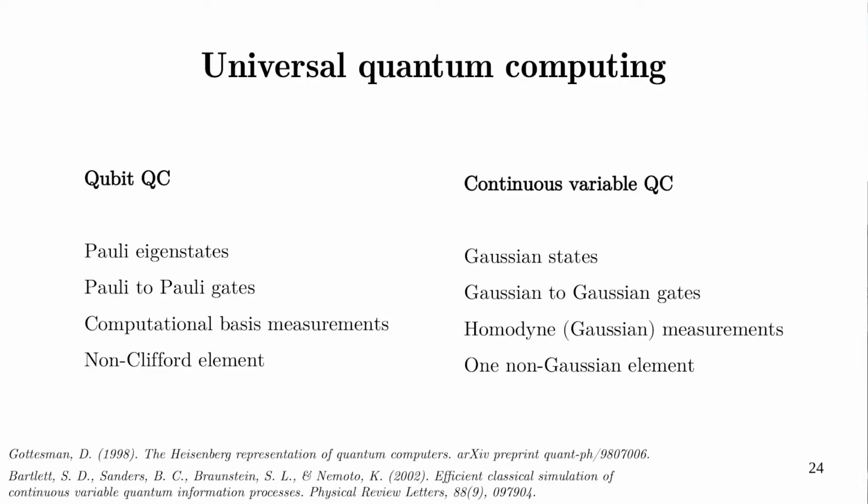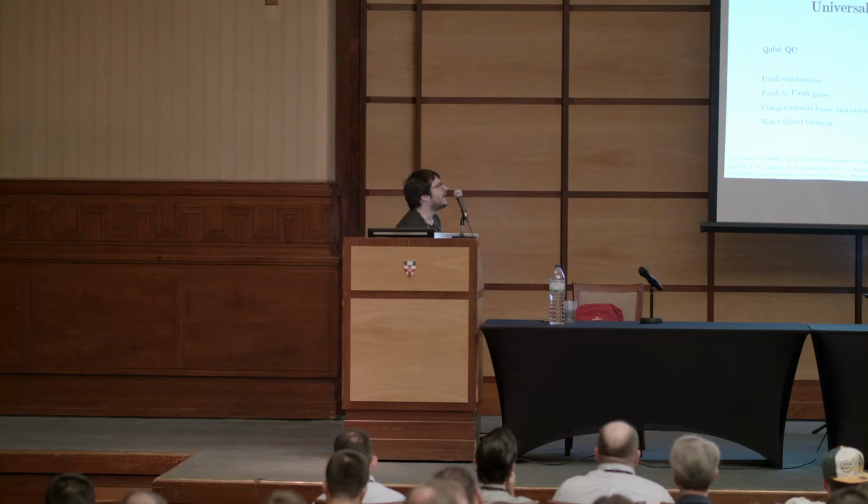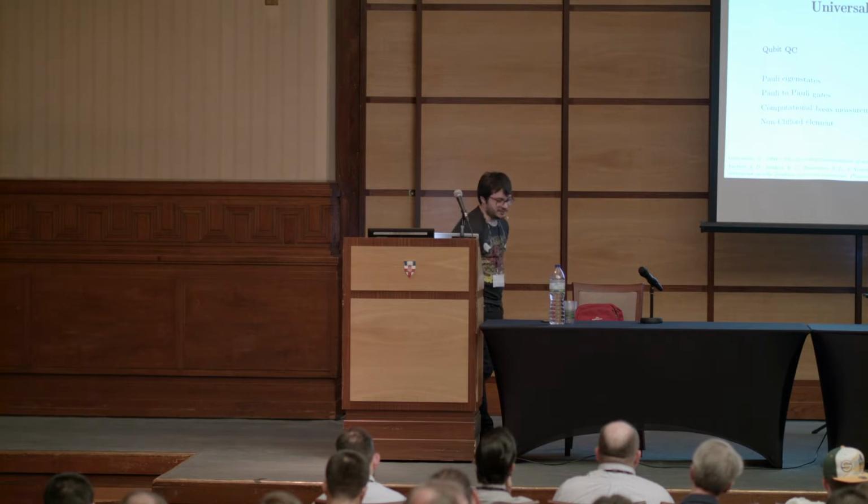This just translates to continuous variable quantum computing by replacing Pauli eigenstates with Gaussian states, the Clifford group with Gaussian gates, computational basis measurements with homodyne measurements, and the non-Clifford element in this case would be one non-Gaussian element. Here I'm saying element because it could be a state or a gate. It doesn't matter.